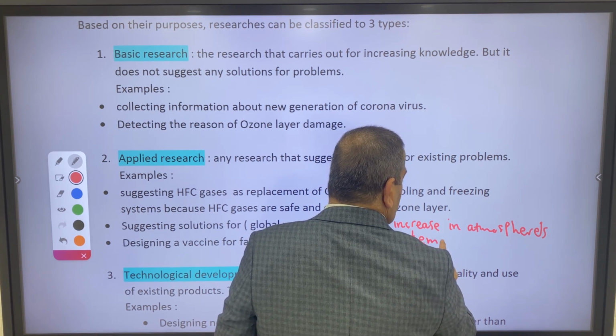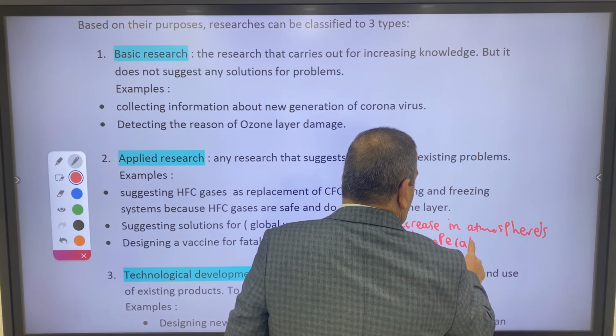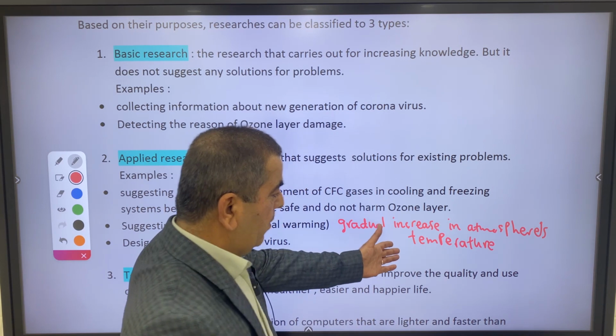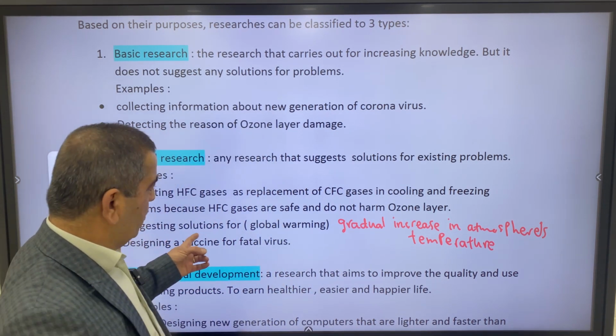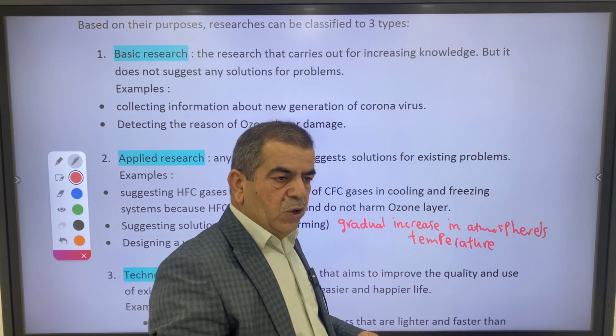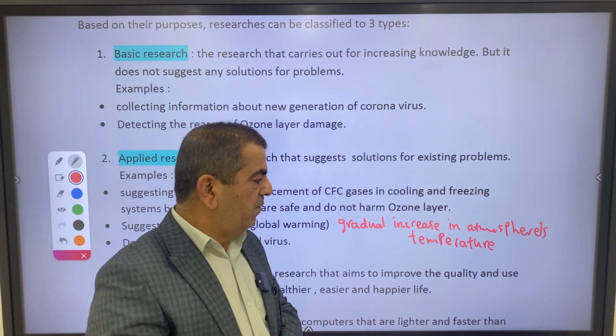It gets hotter. It gets hotter. This is the problem. So here, suggesting what? Suggesting the solution. The solution here is what? Is using clean energy sources instead of fossil fuel.